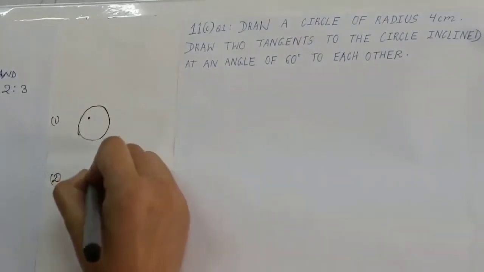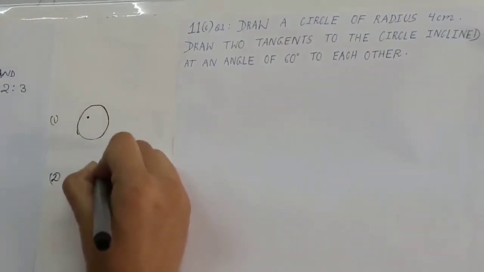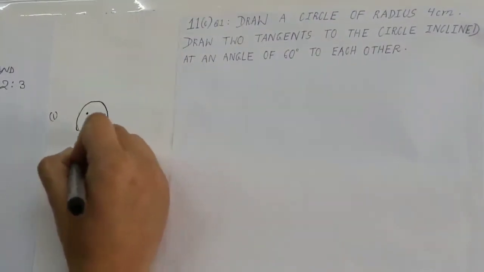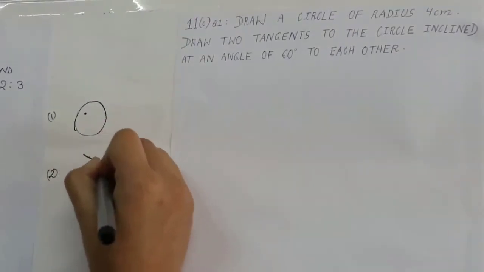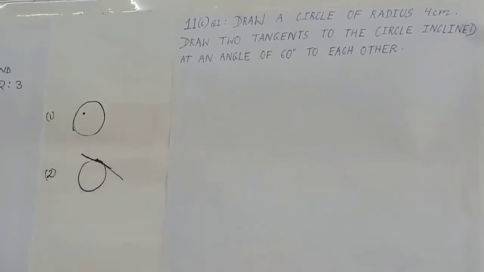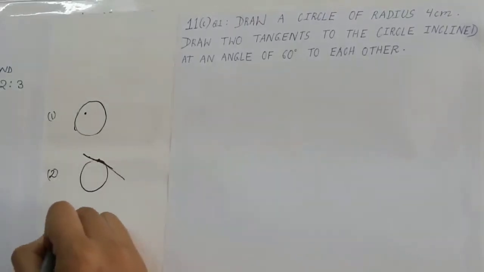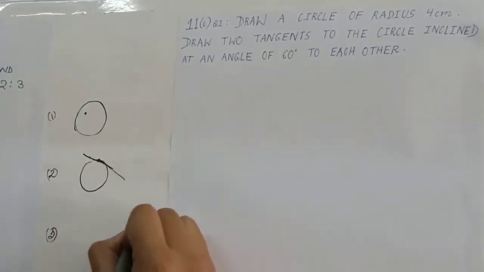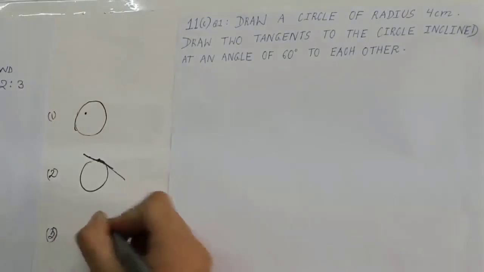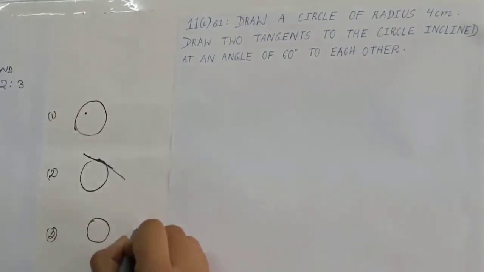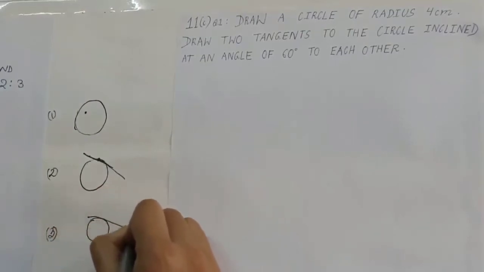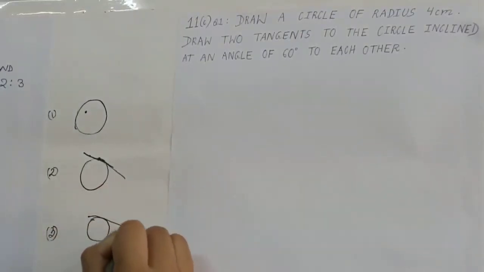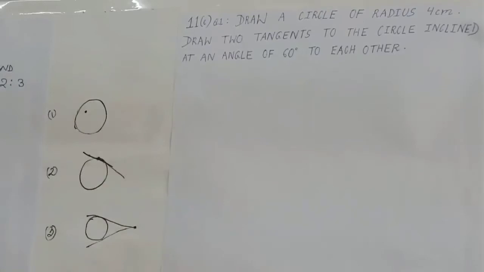Second thing, when this point is on the circle, we can draw exactly one tangent to this circle. And number 3, when you have a point outside the circle, you can draw two tangents from this external point. Okay, these are the three points you have to remember.